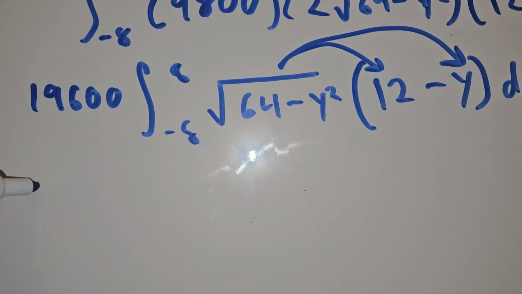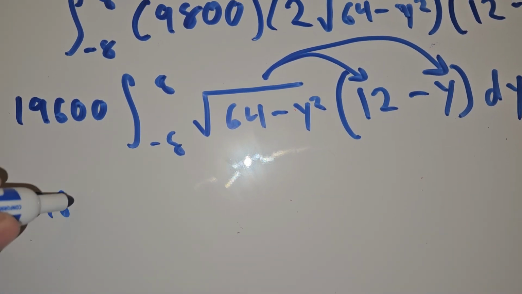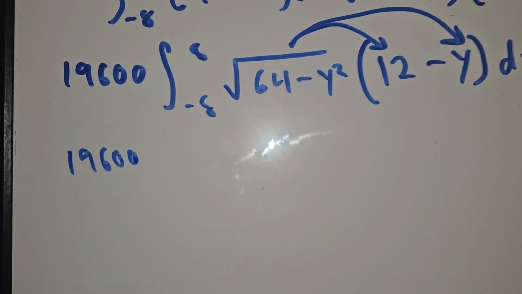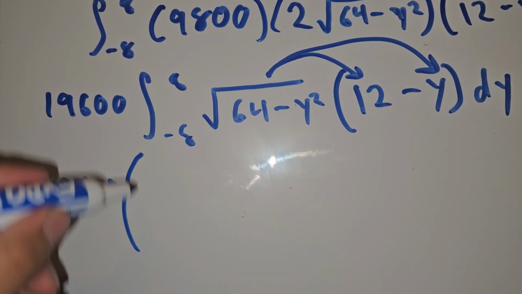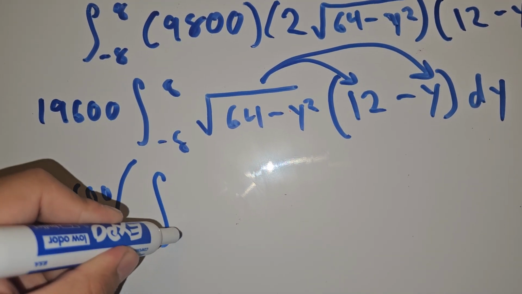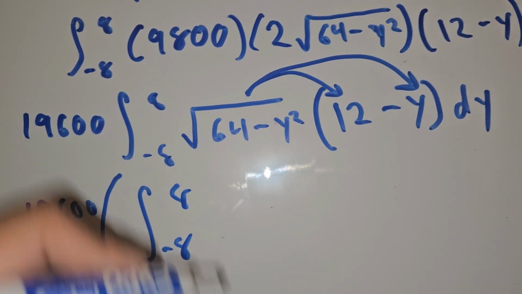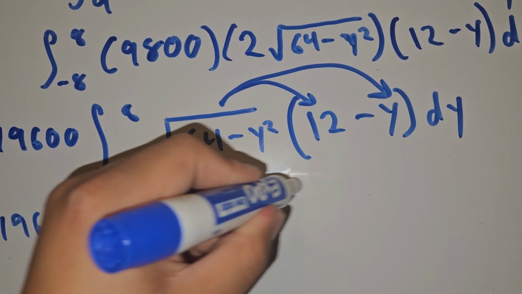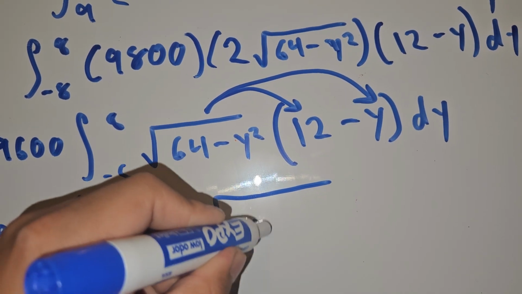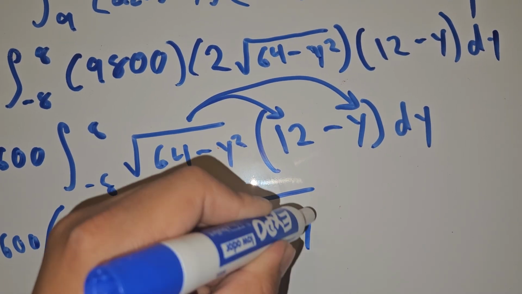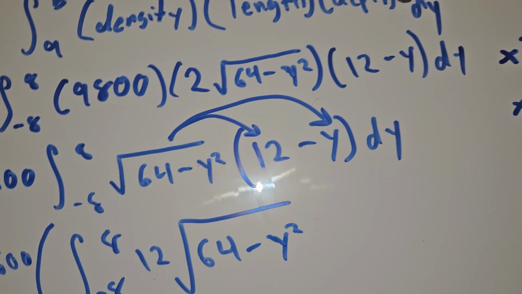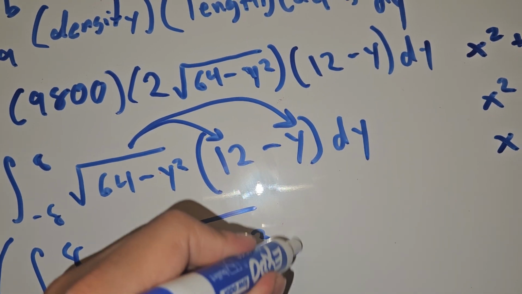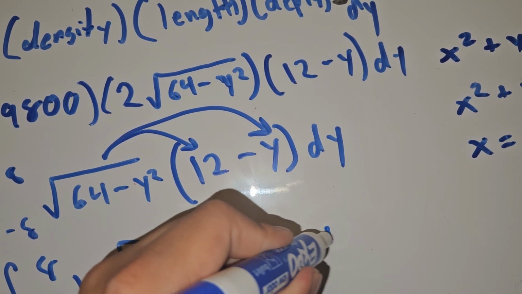So that'll be 19,600 times the integral from -8 to 8 of 12 times the square root of 64 minus y squared dy, plus the integral from -8 to 8 of y times the square root of 64 minus y squared dy.